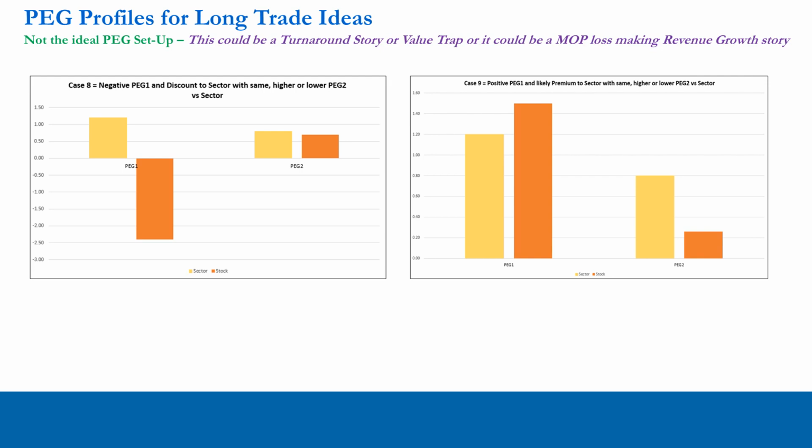So let's think about case number 8 for a moment, where in period 1, we have a positive price earnings ratio, but we have a negative earnings growth rate. So remember, in case number 8, we have positive EPS. So we have a positive stock price and a positive EPS, thus creating a positive PE. But we are dividing that positive PE by a negative earnings growth number. So we end up with a negative PEG in period 1.